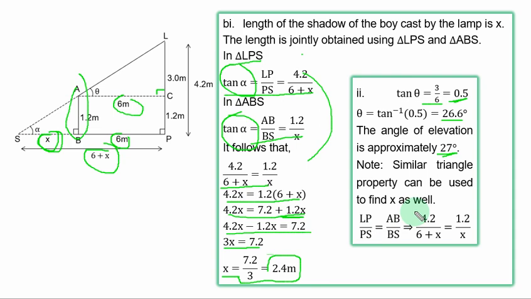That is 4.2 over 6 plus s equal to 1.2 over s. The same step you have here.